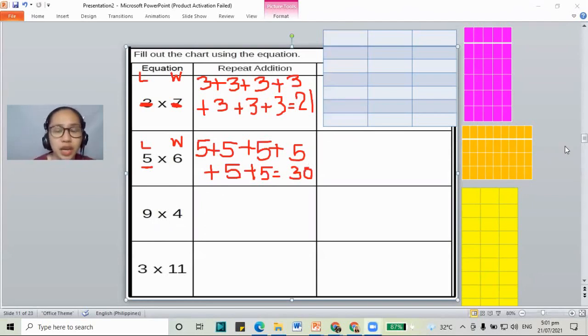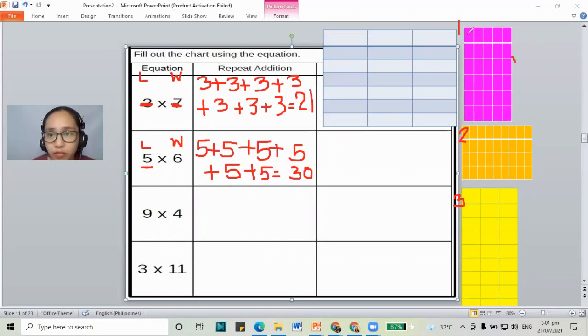Now, let's check. Where is that set of boxes that shows 30? 5 squares for the row. 6 squares going down for the column. Where is that one? Is it number 1, number 2, or number 3? It should be number 1.